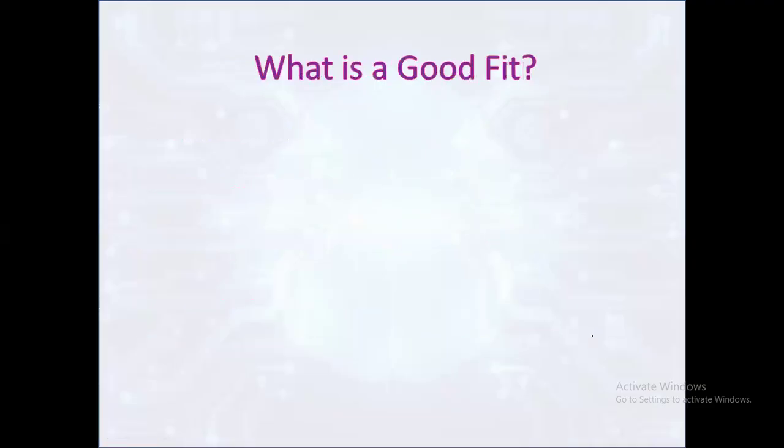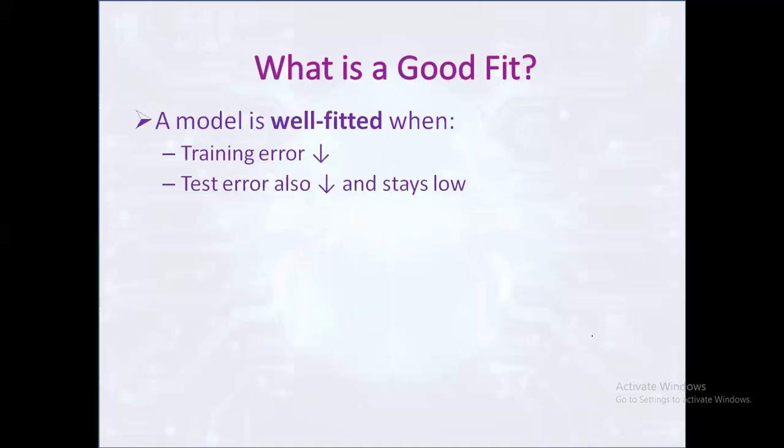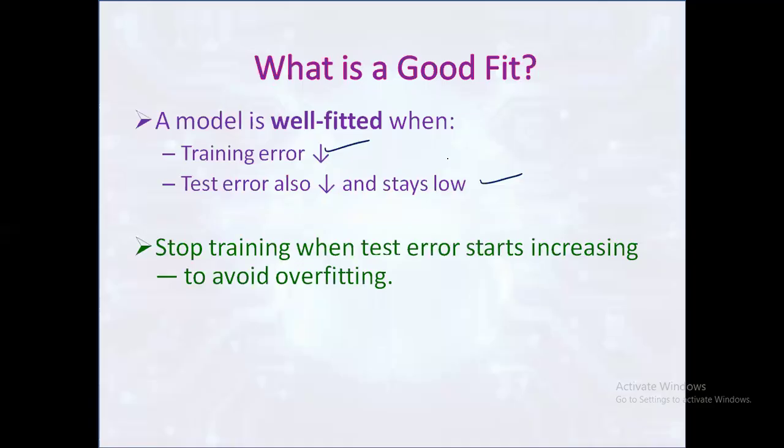Next, what is a good fit? A good fit occurs when both the training and the test errors decrease over time. This means the model is learning general patterns instead of just memorizing the data. As the model trains, the error on the training data typically goes down.